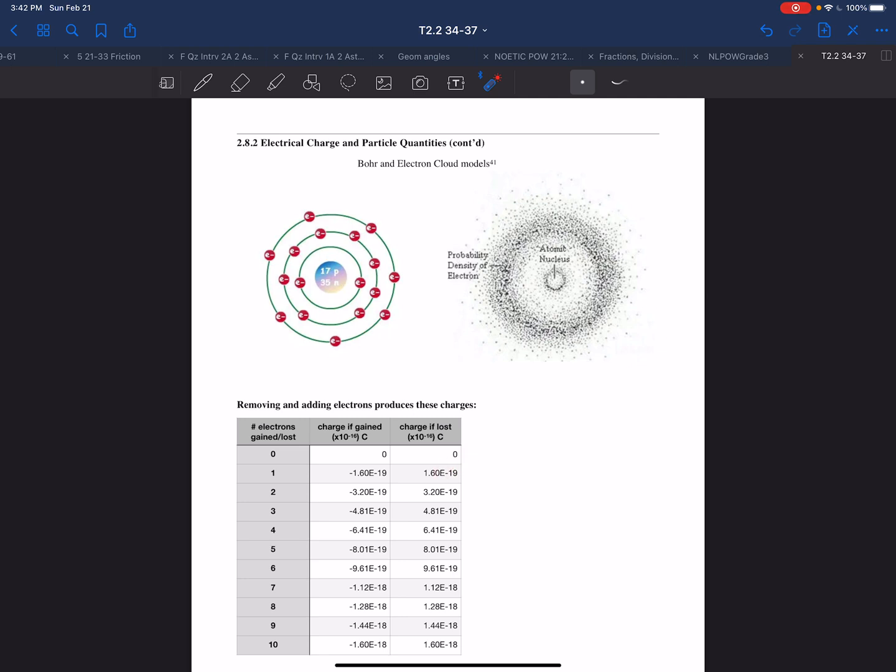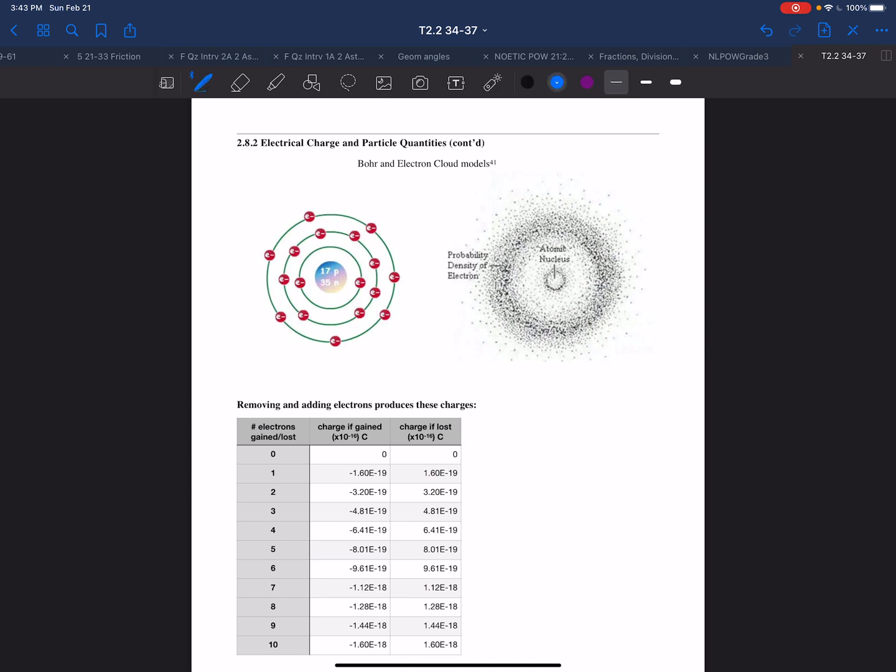Now, instead, if we were to add 2 electrons, the atom would now have a charge of minus 3.2 times 10 to the minus 19th. Or if we remove 2, it would now have 2 elementary, or a plus 3.2. And so you can see then, as we are adding or removing electrical charges, this number, the charge, goes up 1.6, 3.2, 4.8, 6.4, 8.0, 9.6. Same thing on this side.